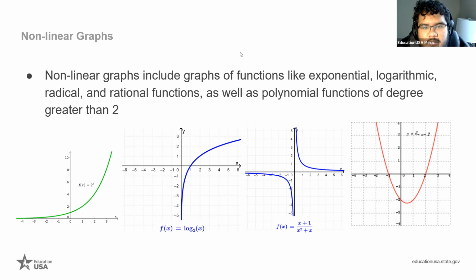Respectively here, the first type of graph is for an exponential function, which is any number to the power of x. As you can see, you'll probably have to do problems involving graphs like this. And the logarithm function is the inverse of the exponential function.